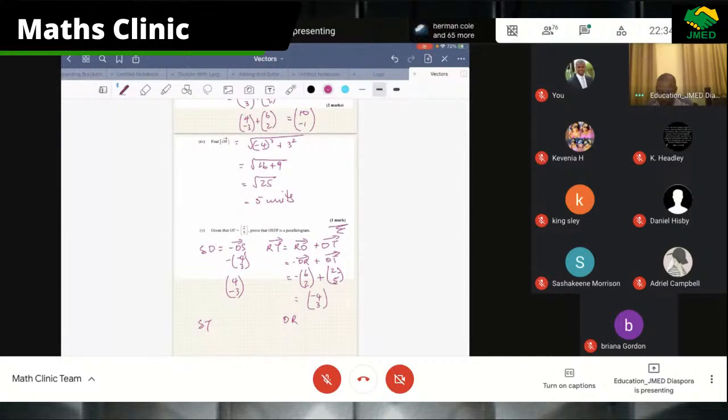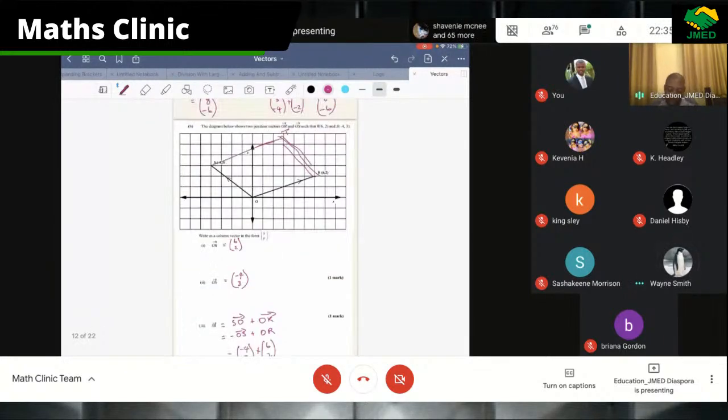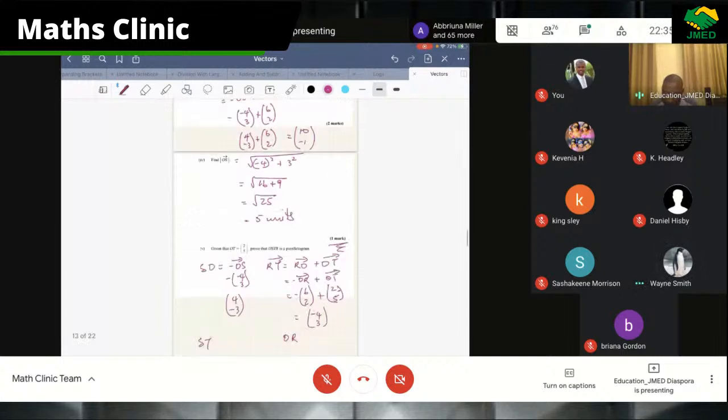Good? Excuse me, sir. Go ahead. Did I do something? On the graph, how do you establish T? I didn't even establish T. I just gave a sketch. There's no need to establish T, but T was given as 2,5 here. OT is 2,5 here.